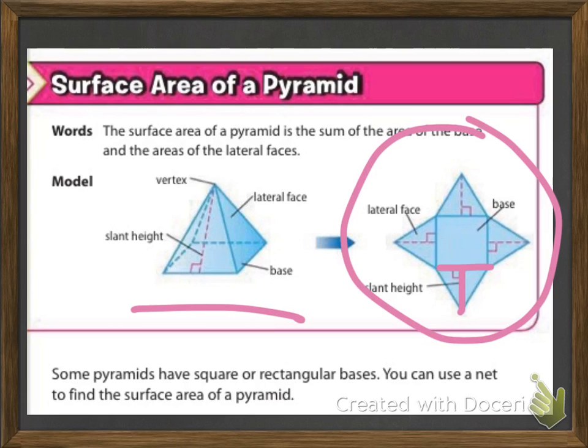But you just have to understand that the slant height isn't how tall this pyramid is. It's how long it is from the tip of the triangle to the base, outside base.